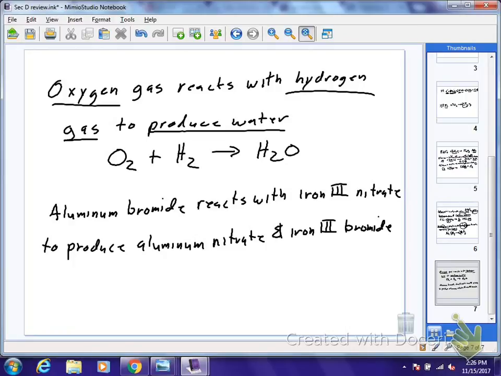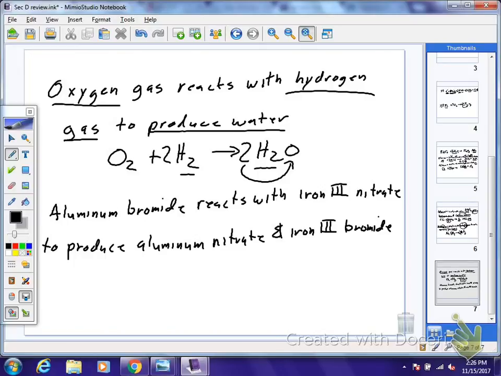Hydrogen is good to go, 2 and 2, and oxygen is not. So you put a 2 in front of H2O, which multiplies your 2. You've got 2 of those, and 4 hydrogens. So I have to put a 2 in front of H2, and it's balanced. So that would be 1, 2, 2 for that example, when we take a look at that example when it's all done.